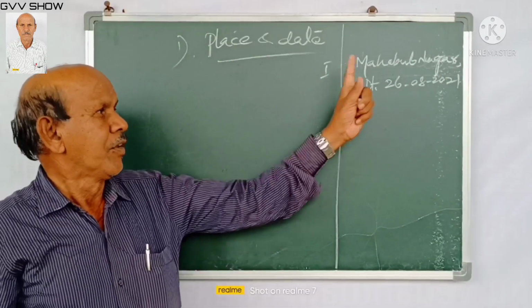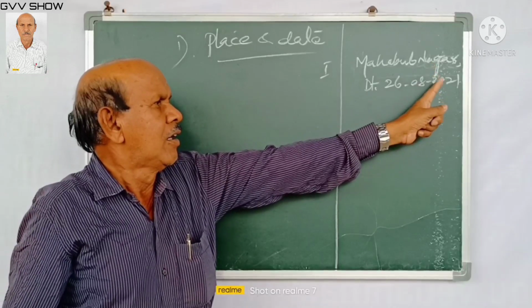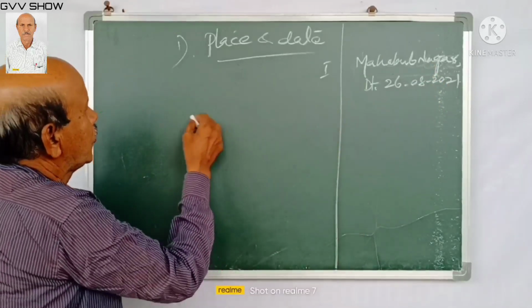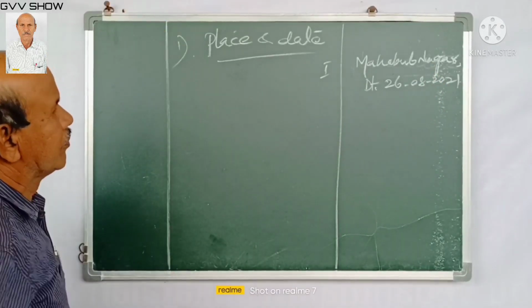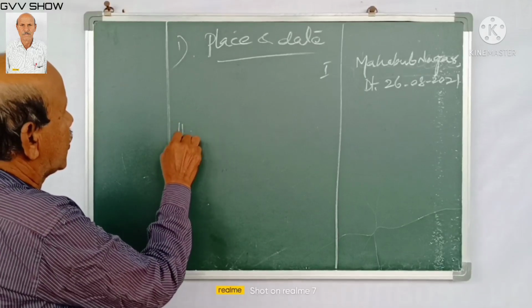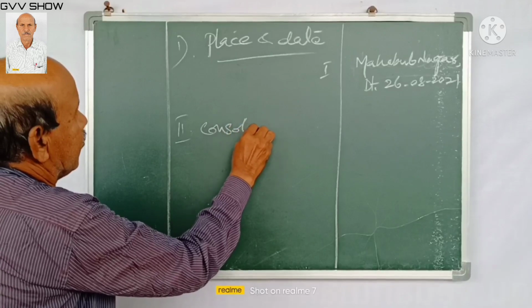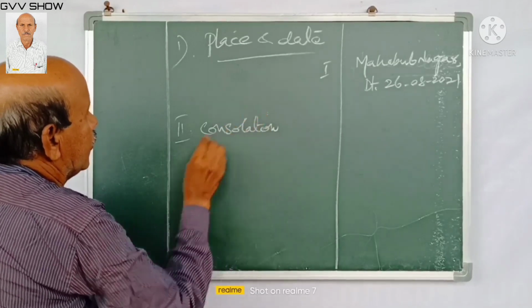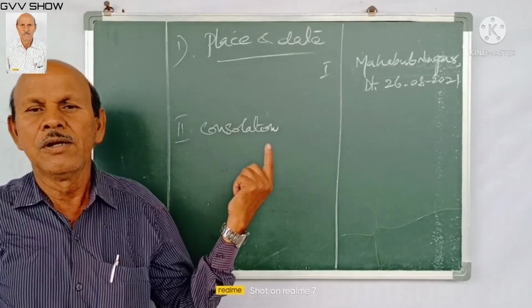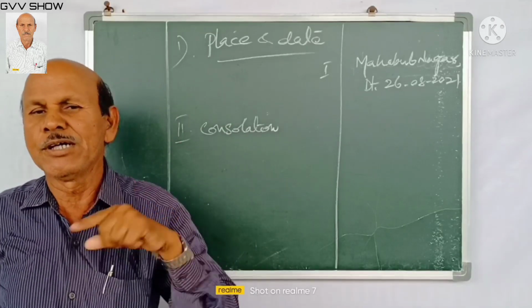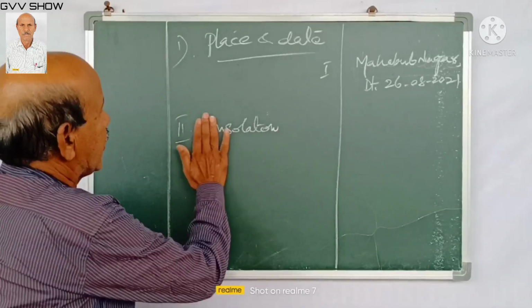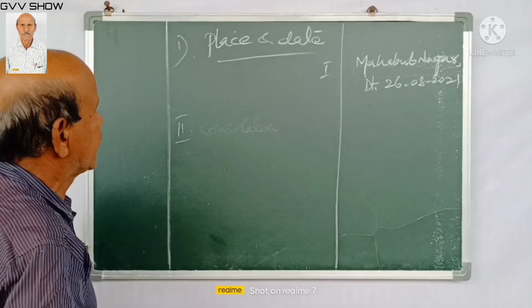Number two, at the end of the date, you write straight from the margin. This is the margin. So write the second part, consolation. You do not write the word consolation, but for our understanding I am explaining.